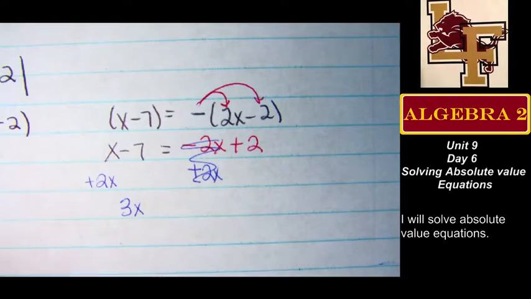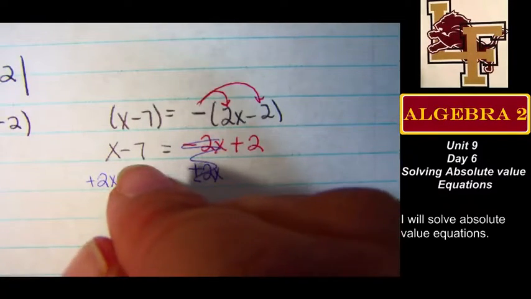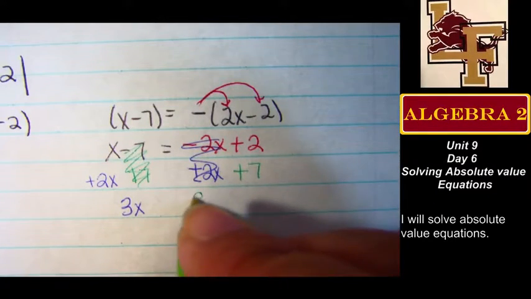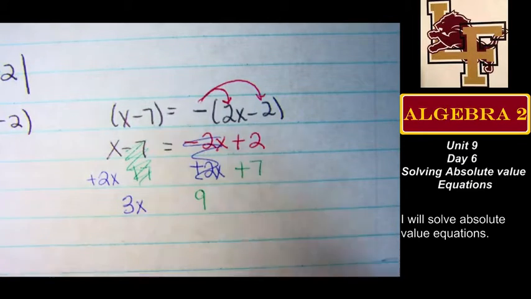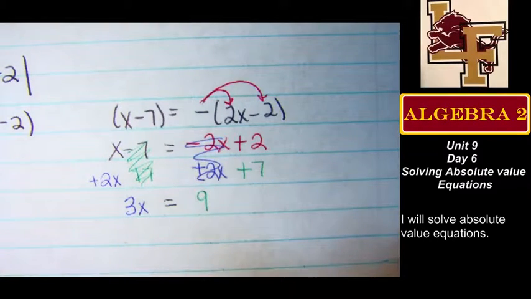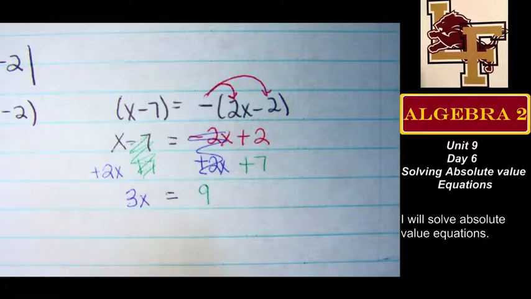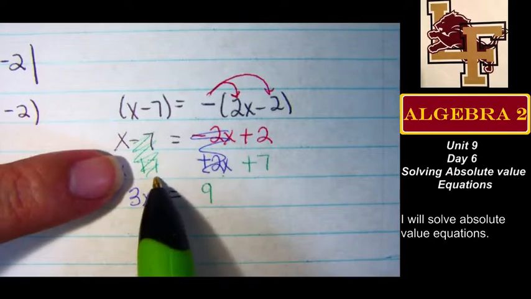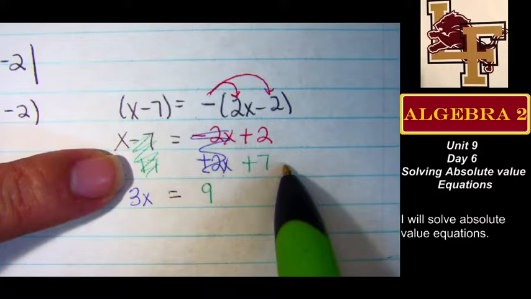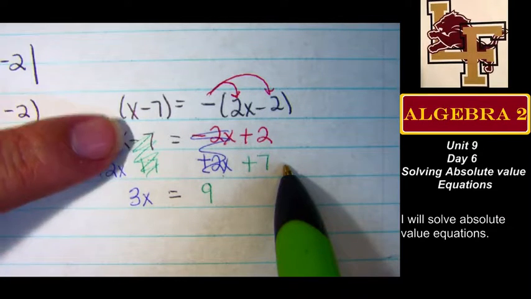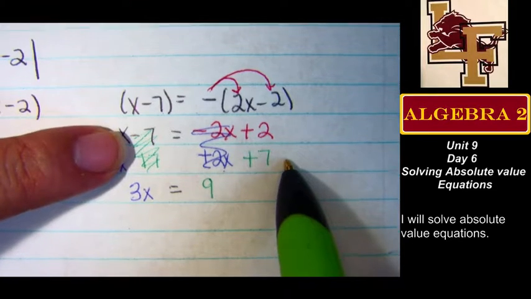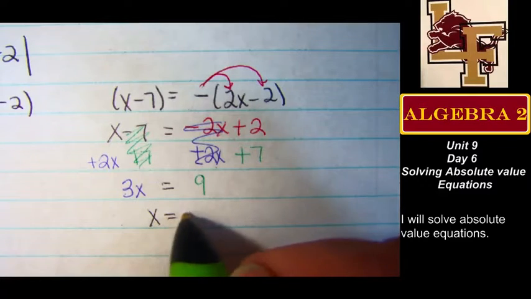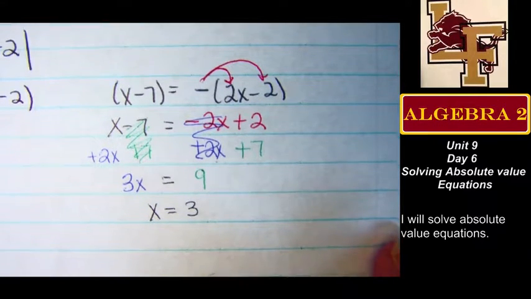And at the same time, I'm going to add 7 to both sides to get rid of the minus 7 on the left, so that it shows up as a 9 on the other side. Divide both sides through by 3, and I get x equals 3.